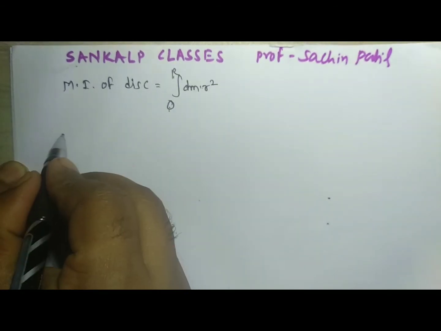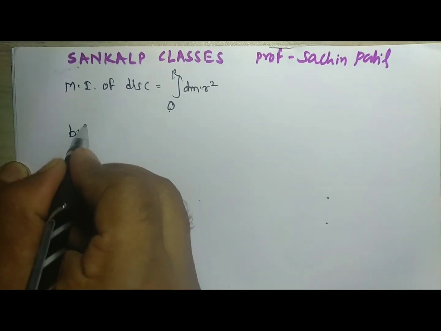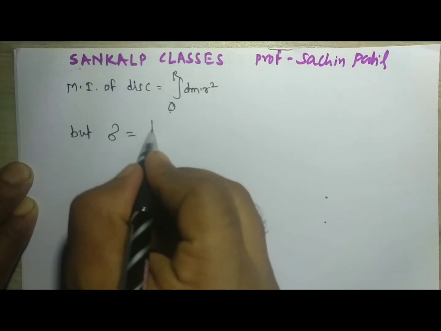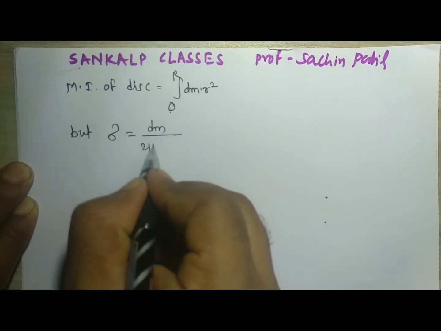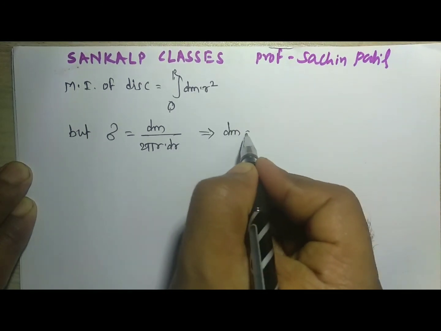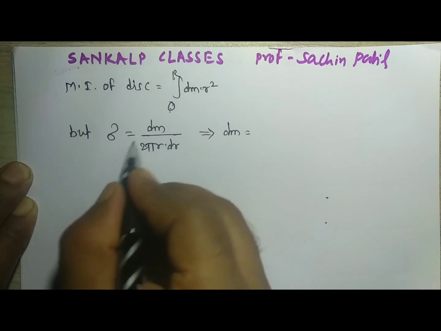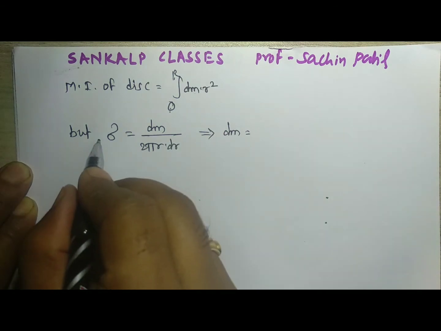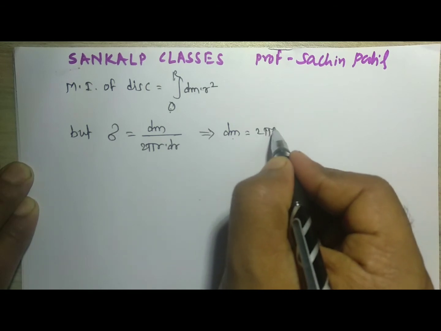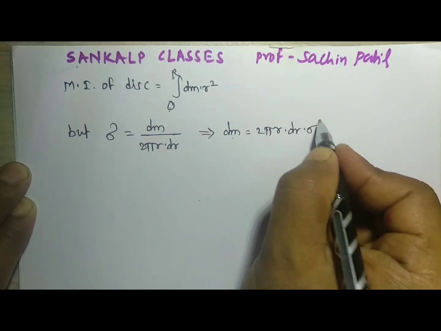Right now we have sigma is equal to dm divided by 2 pi r into dr. It implies that dm is equal to 2 pi r into dr into sigma.